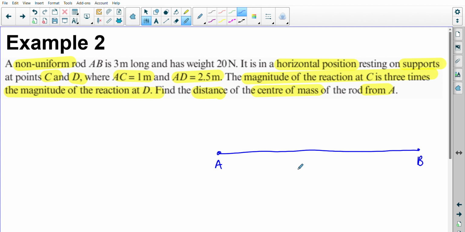It's got supports C and D. Now AC is 1 metre, so if it's 3 metres in total, that's about 1.5 there. So maybe it's there. So C. AD is 2.5. So again, if that's 1.5, add another 1 on 2.5.